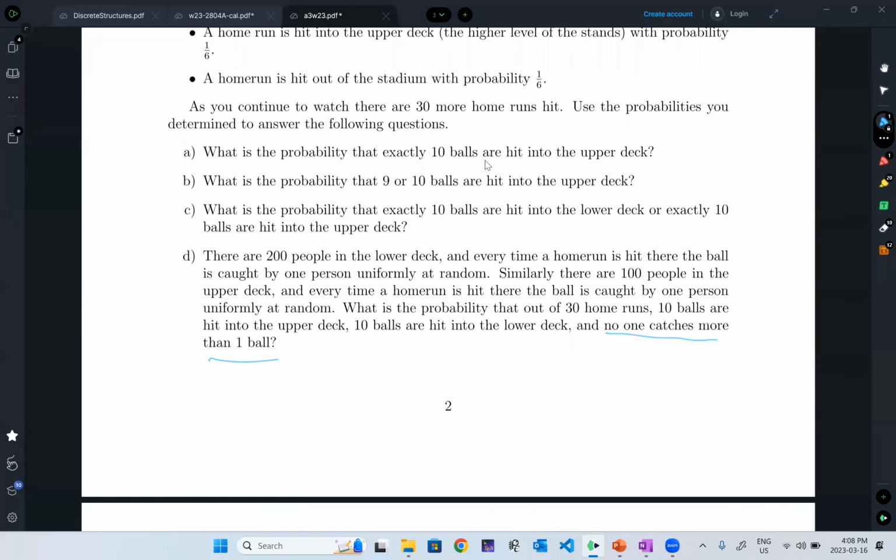Okay, so this relates back to the lecture on conditional probability where we talked about, well, the example that would be most like this: I flip a red coin, and if it comes up heads, I flip a blue coin and I return whatever the result of that is. Or if the red coin comes up tails, then I roll a die instead.